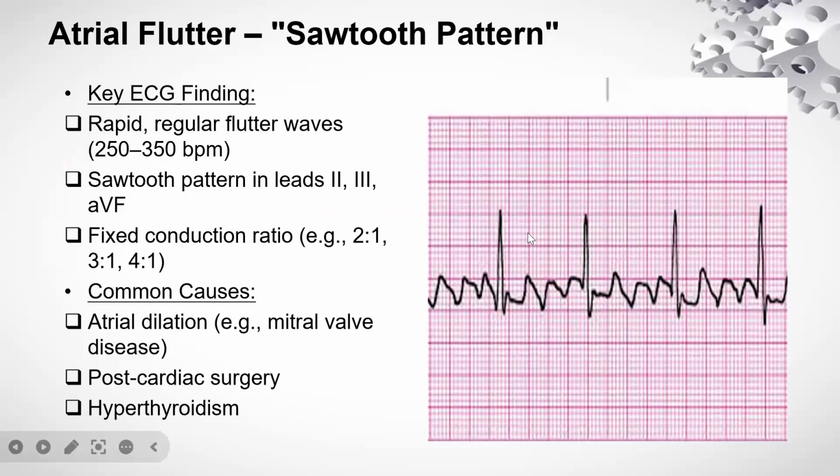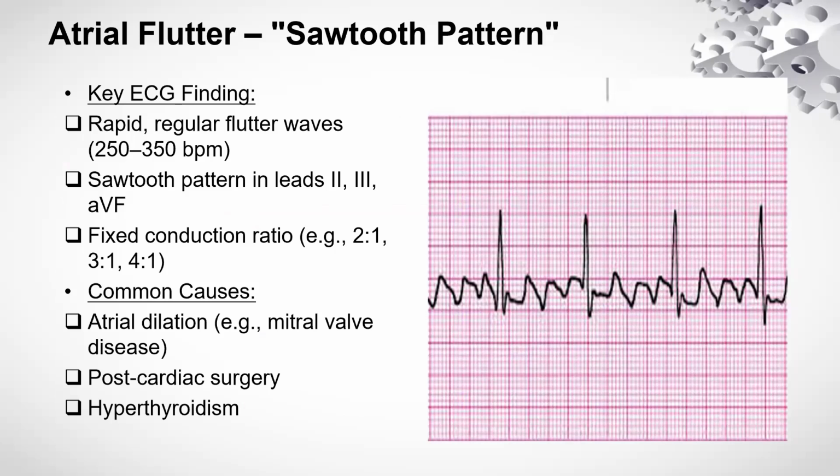This is 1, 2, 3, isn't it? Big square 1, 2, 3, 4. Is this almost 4? 4, isn't it? So you divide 300 by 4. What will that give you? That will be your heart rate.